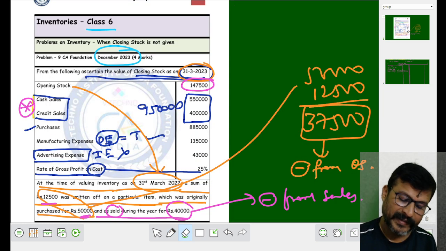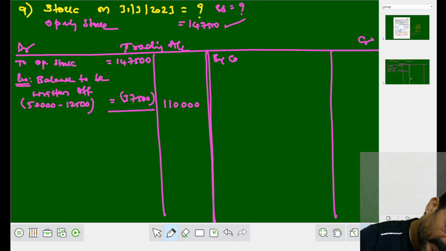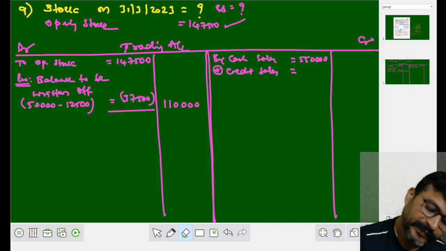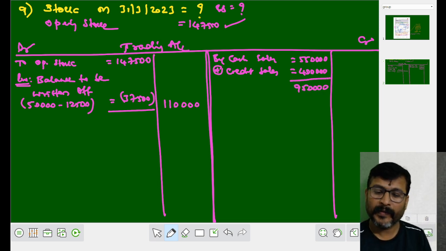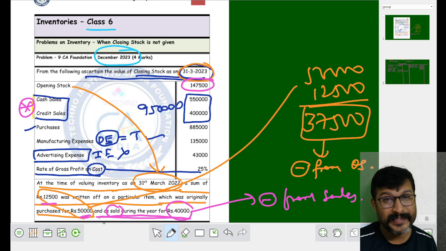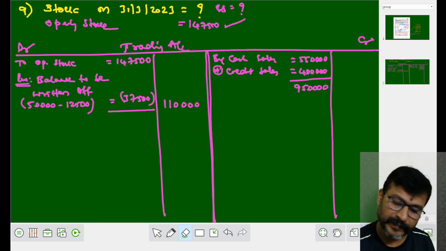Cash sales and credit sales, 5,50,000 and 4,00,000. By cash sales 5,50,000 plus credit sales. How much credit sales? 4,00,000. Add both, we get 9,50,000. Out of this 9,50,000, what do we have to do? We have to subtract the sale of these abnormal goods, 40,000, right?